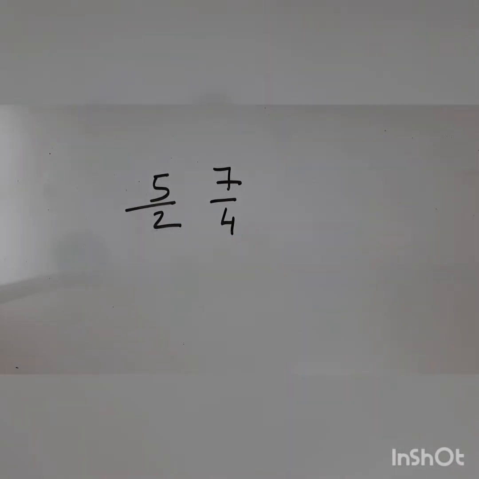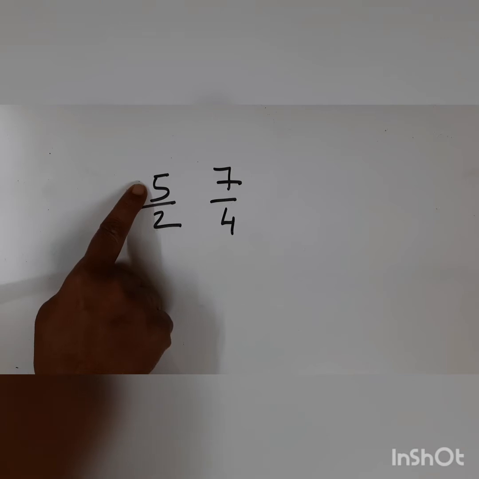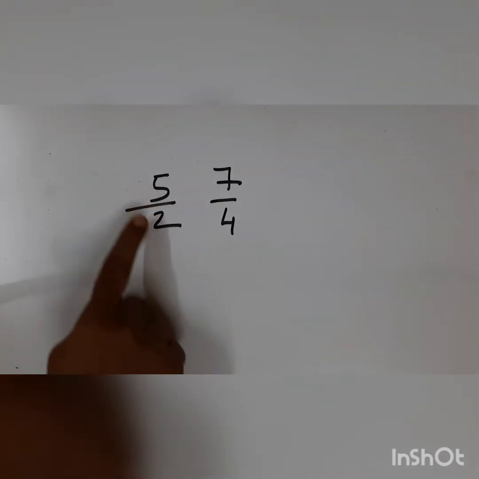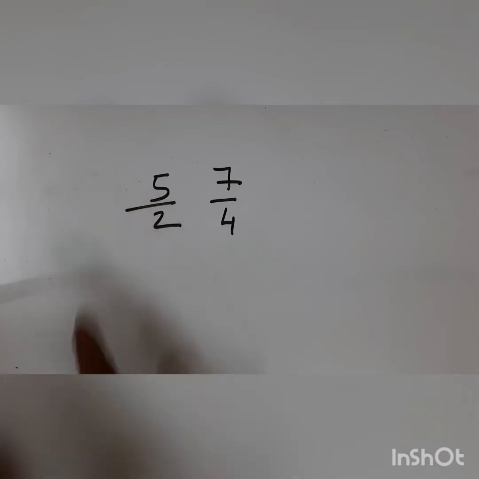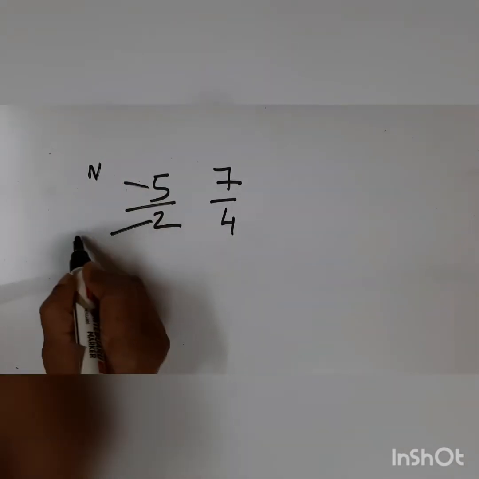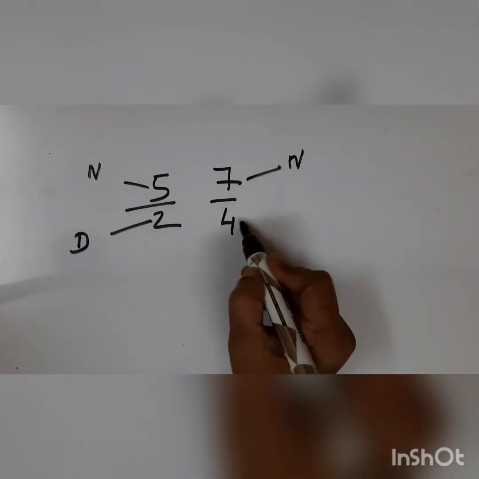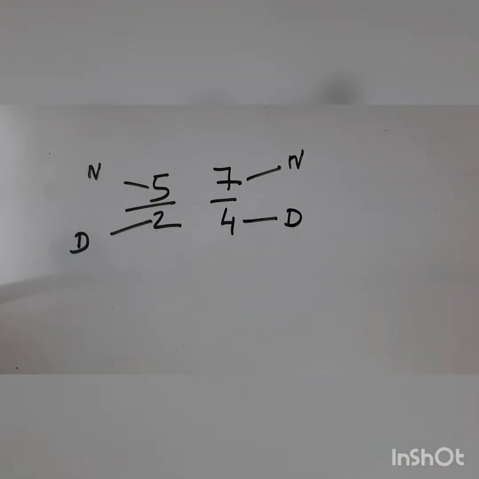Why am I calling this an improper fraction, children? Because the numerator over here, can you see the numerator? It is greater. The numerator is greater than the denominator. 5 is greater than 2. 5 is your numerator. This is your denominator. Similarly over here, children, 5 is your numerator, 4 is your denominator. So you see this is greater. Or sometimes it is even equal.